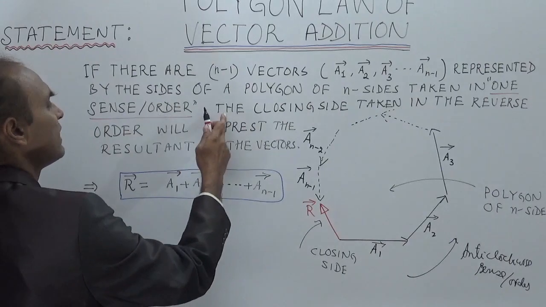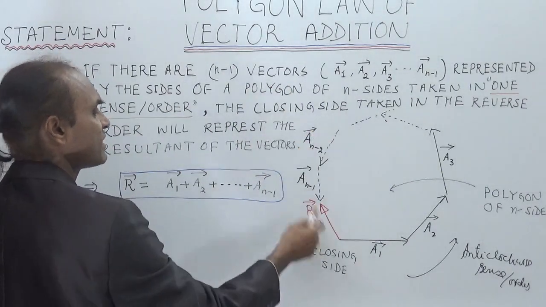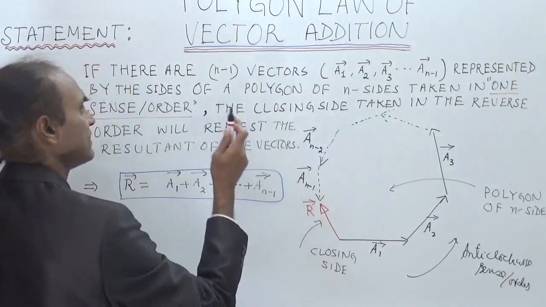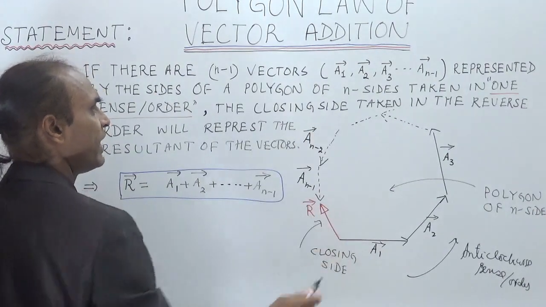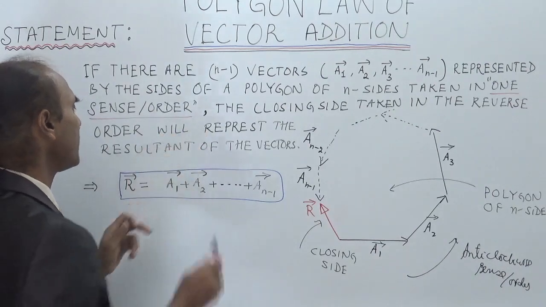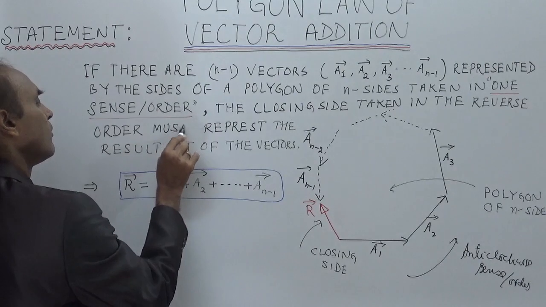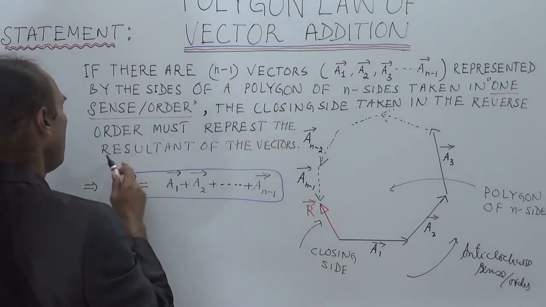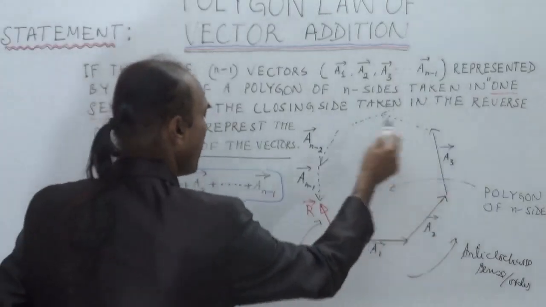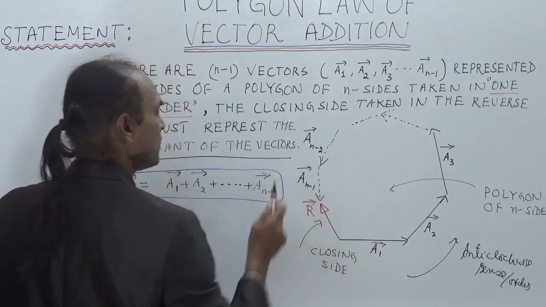Taken in one sense, the closing side, this is the closing side, taken in the reverse order. With anti-clockwise sense, we are taking the closing side in clockwise sense. And this closing side, taken in the reverse order, must represent the resultant of these vectors a1, a2, a3 up to a n-1.